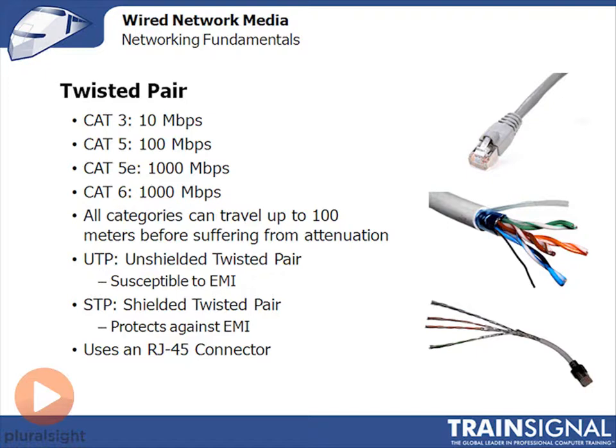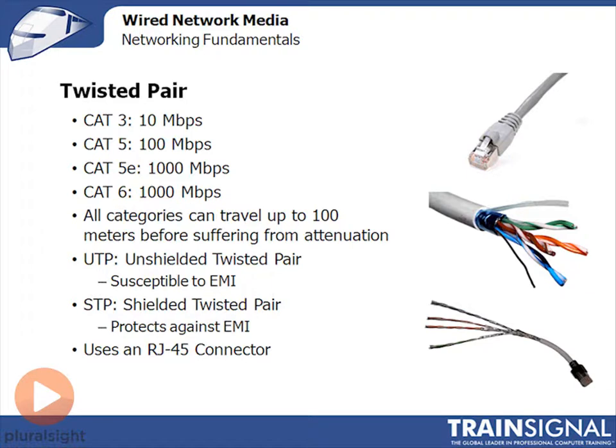If we are working in an environment where we have to be worried about EMI, then we can switch to the other type of twisted pair cabling, which is called shielded twisted pair, where we have an extra layer of foil wrapped around each of the twisted pairs of wires in the cable. And that extra layer of foil will protect against EMI.